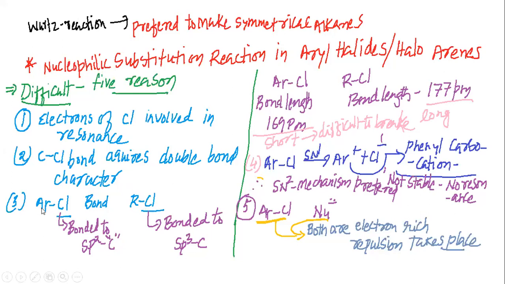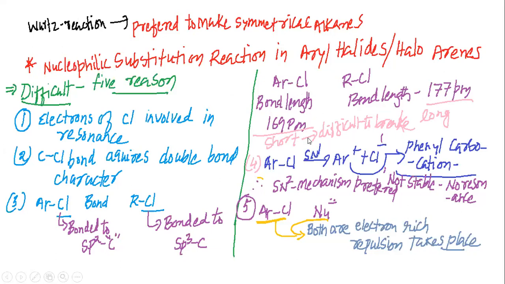In Ar, all the carbons present are sp2 hybridized, but in alkyl halide, all the carbons present are sp3 hybridized. So the carbon-chlorine bond in aryl halide is sp2 C-Cl, whereas the carbon-chlorine bond in alkyl halide is sp3 C-Cl. Due to this, my dear students, the bond length in aryl halide is 169 picometer, whereas in alkyl halide the bond length is 177 picometer.